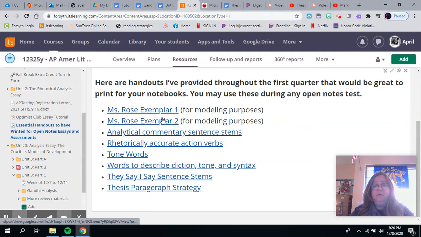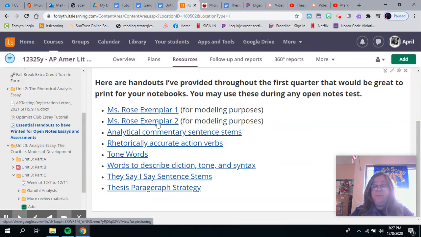Now, these two are essays that I shared with you during Unit 2, towards the beginning. With one of them, you had to do a Toulmin analysis of claims, commentary, evidence, that kind of thing. And the other was in a Nearpod, and you had to consider the strategies I was using to analyze it chronologically.